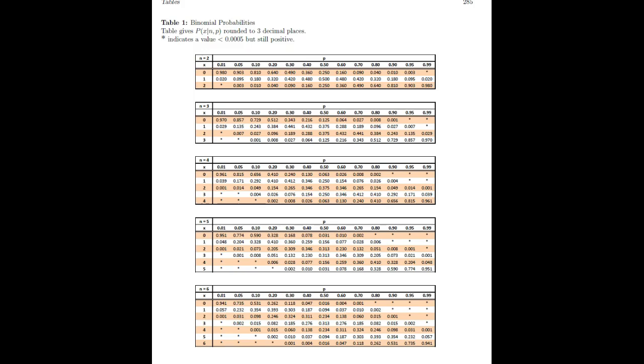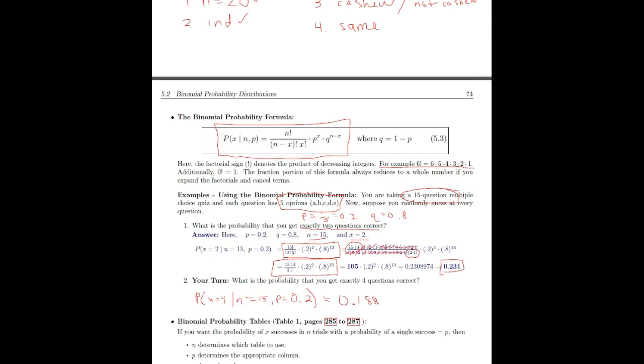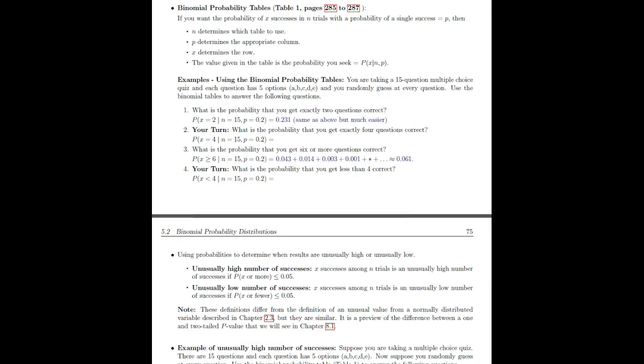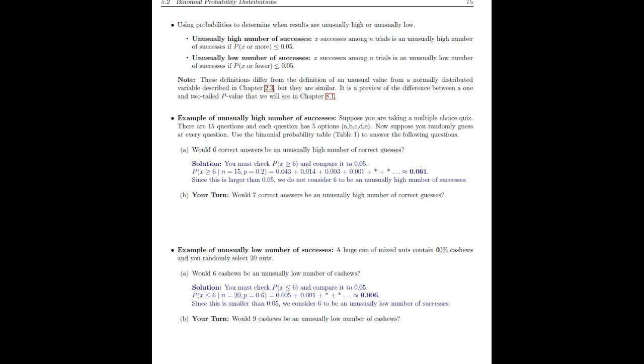But it is not so useful when your probability of success was not one of these. So I would say we're not going to use these tables this semester. Let's skip over those. We're not even going to talk about these tables. Forget them.